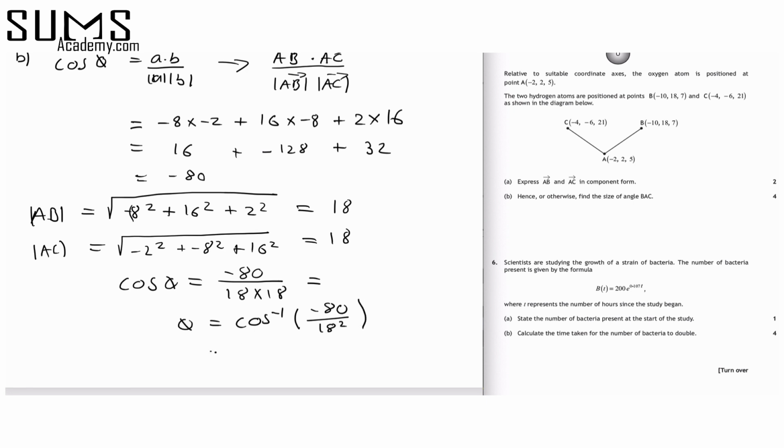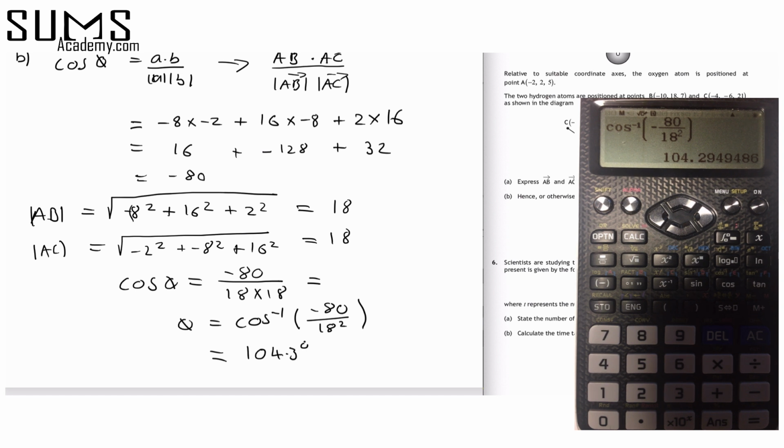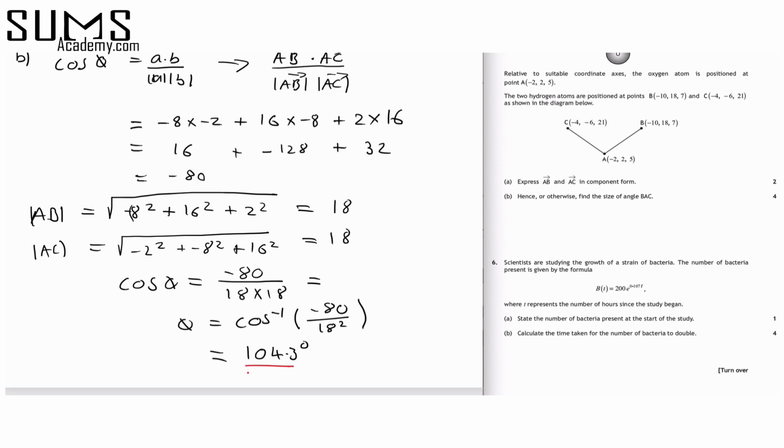So what does that equal? Minus 80 all over 18 squared equals 104.3 degrees. Okay. So yeah, that looks about right to me.